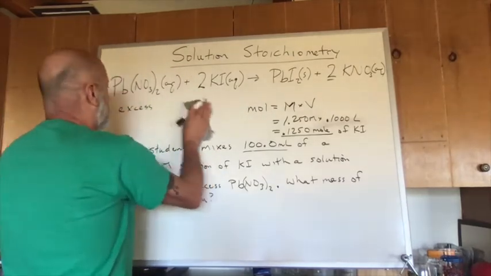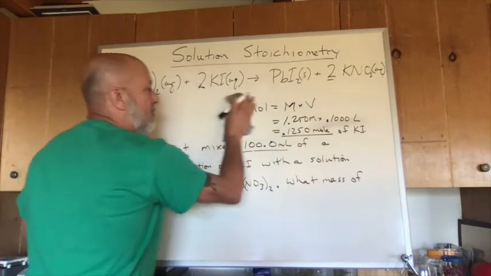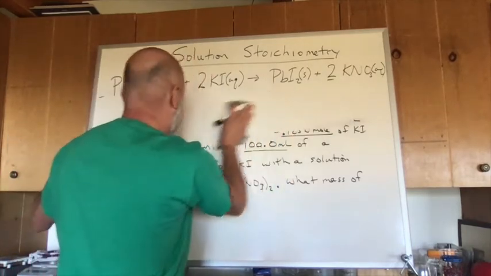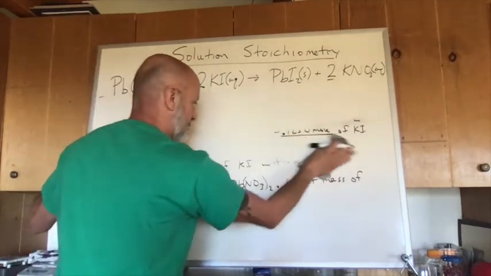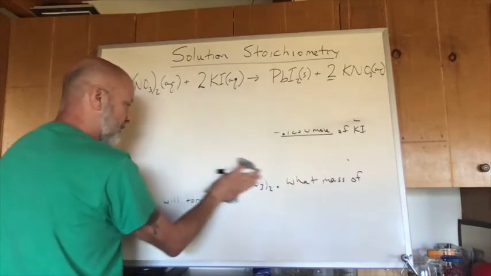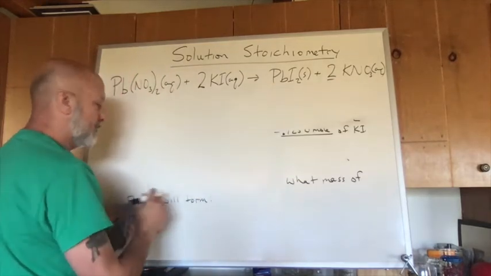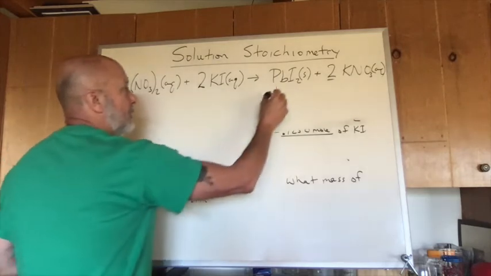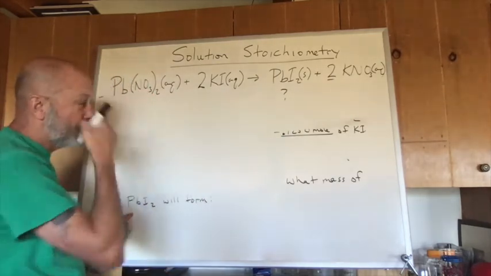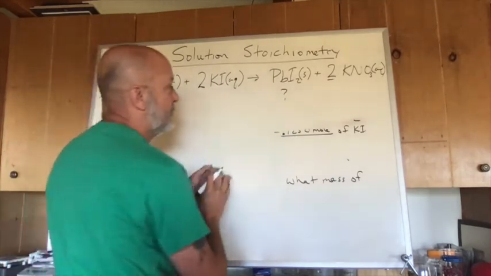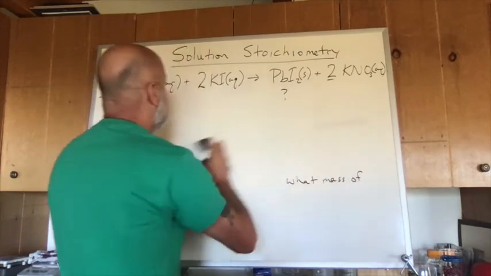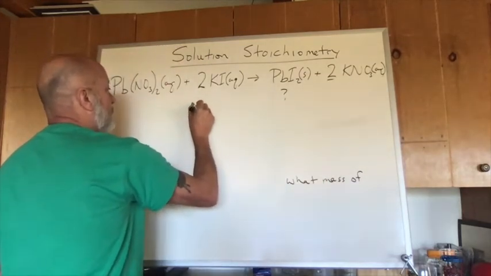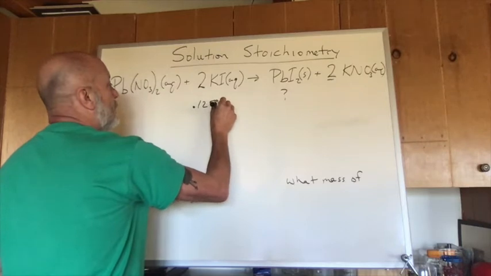So let's clean this up a little bit. Whoops. And let's look at what we're trying to find. What mass of lead 2 iodide will form? We're going to find the moles first. I just partially wiped my number out. How much potassium iodide? 0.1250 moles.